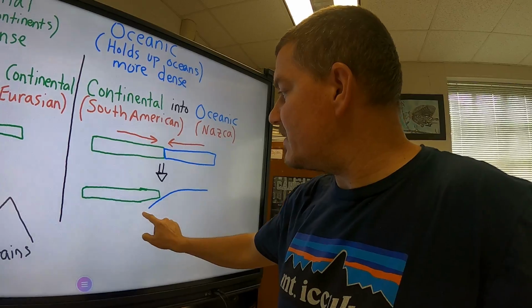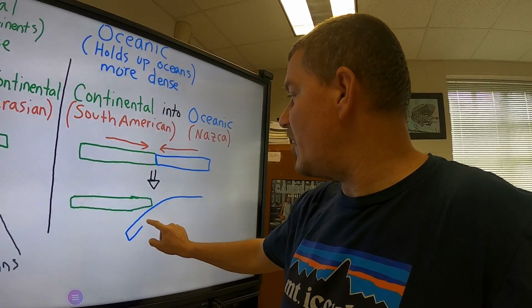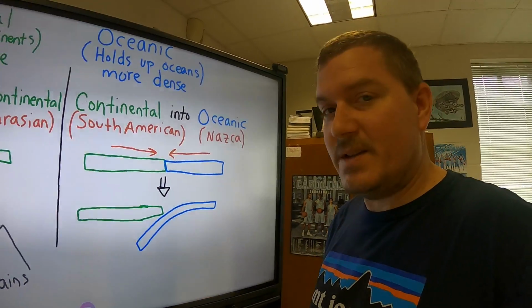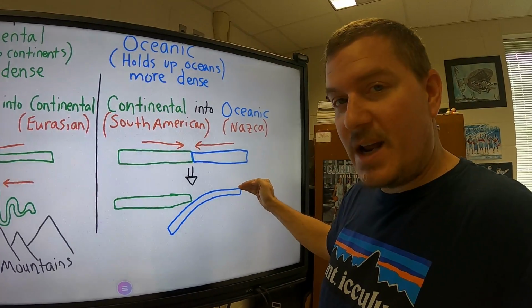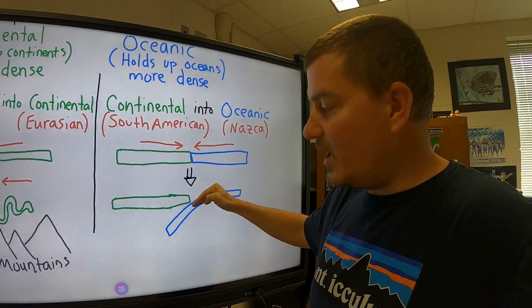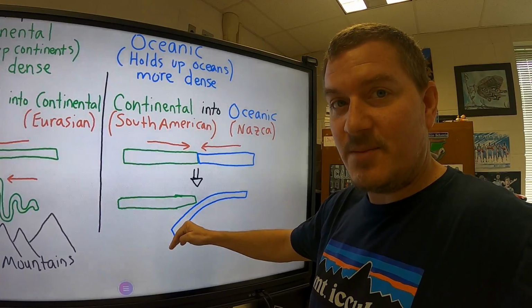So the less dense plate is going to float on top of the more dense plate. Oceanic is more dense. This oceanic plate is going to start to be pulled underneath that continental plate.